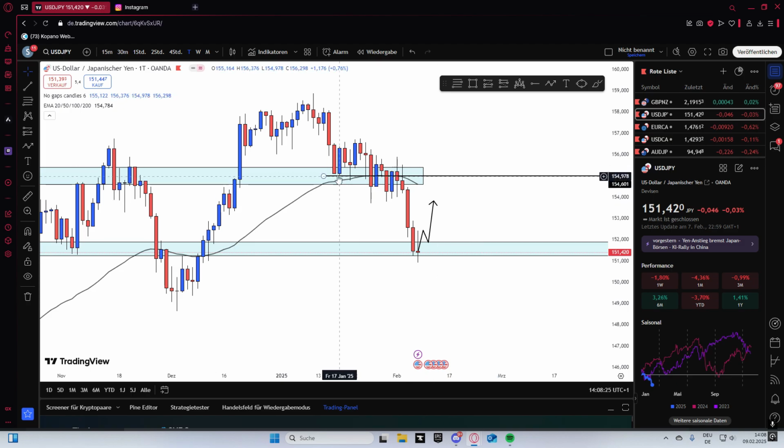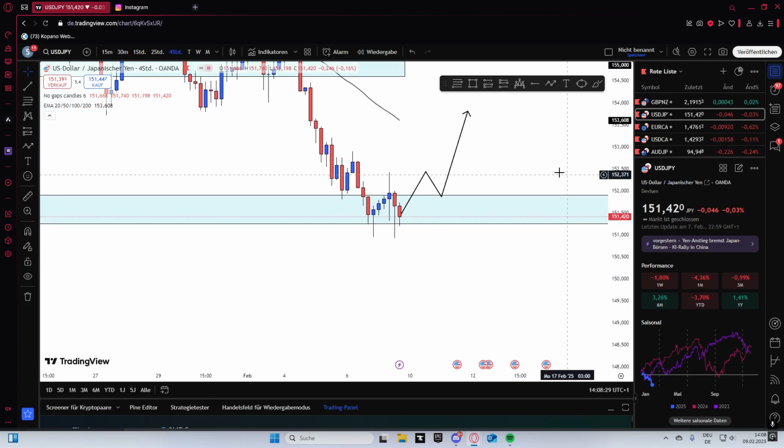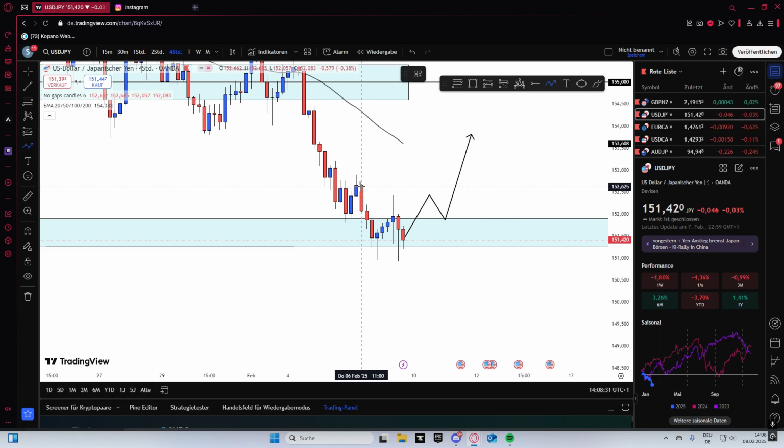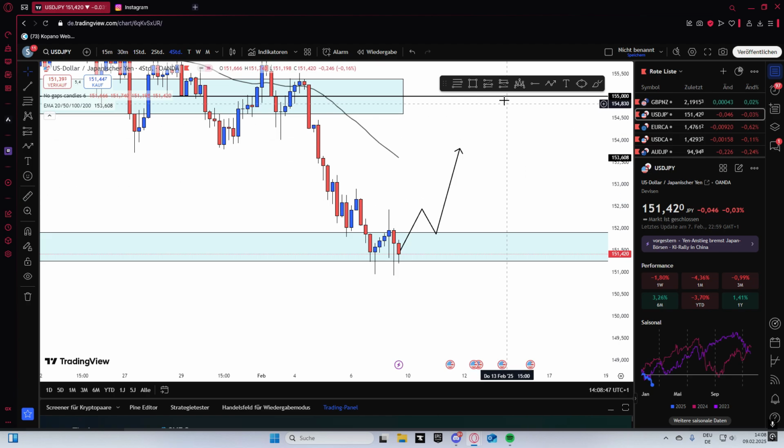And on the daily we are currently bearish, so we need the 4 hour to be bullish to take the trade. And we can see here we're creating lower low, lower high, and created now a new lower low. So we have to break above this lower high to shift bullish, then wait for a retest, and then we can buy.